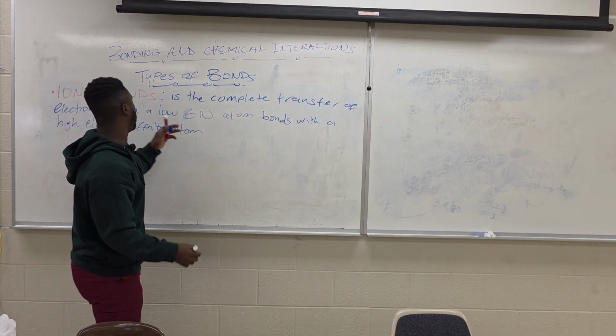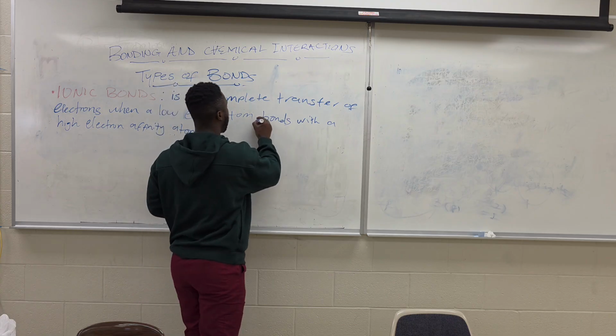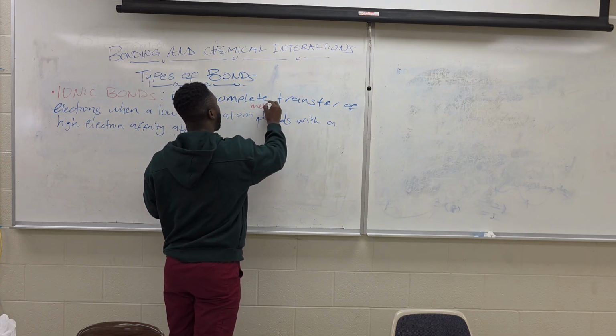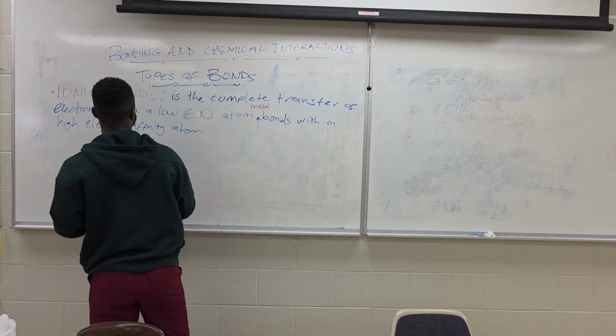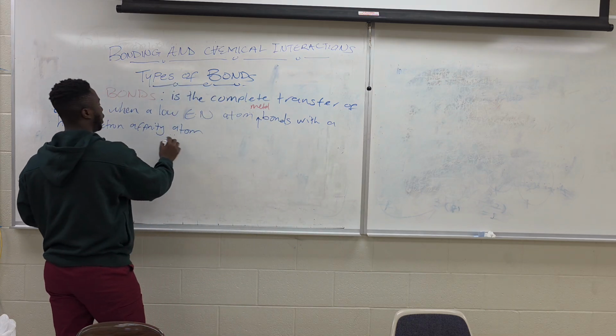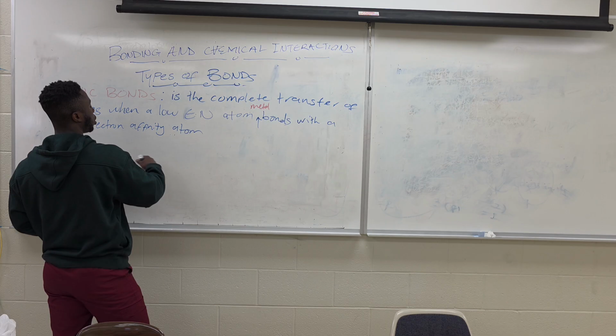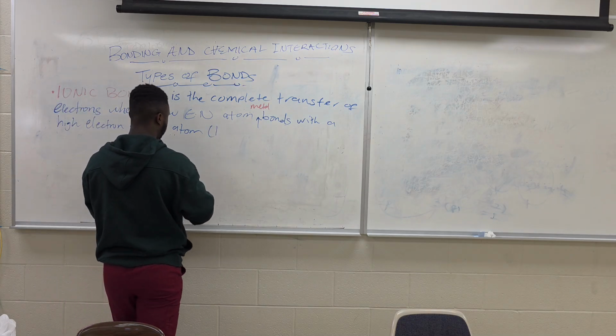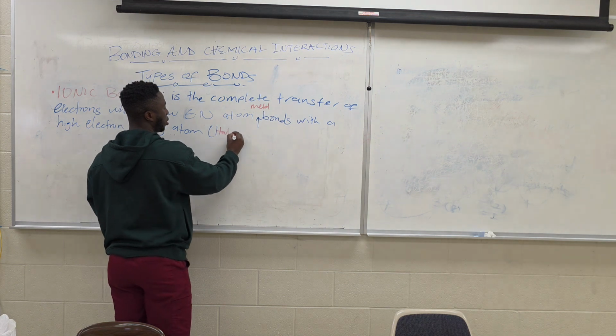So the low electronegativity atoms are usually metals, the group 1 alkali and the group 2 alkaline earth metals, and the ones with high electron affinity are the halogens.